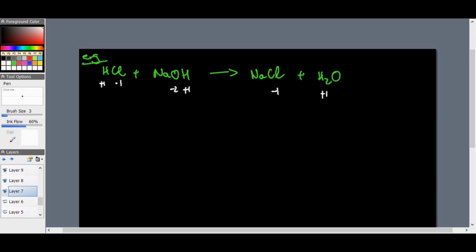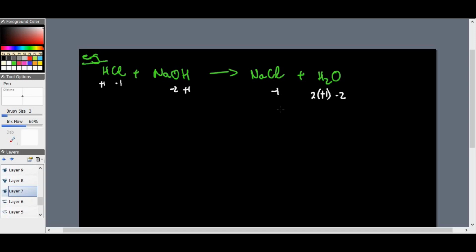Notice that we do not write down positive 2, though you can do this if you wish, because we've got 2 hydrogens. We are concerned with the oxidation number of hydrogen, not how many hydrogens there are. And that's minus 2 there. Basically, this helps us get to 0.